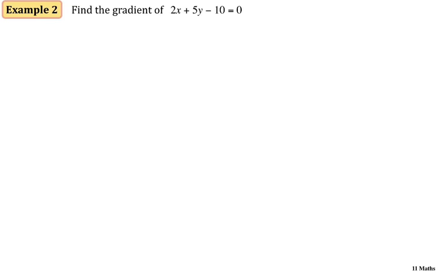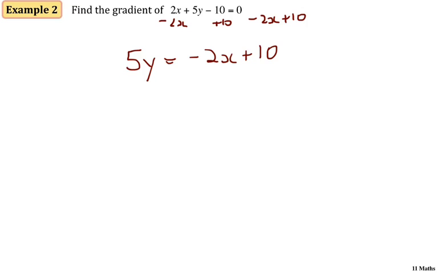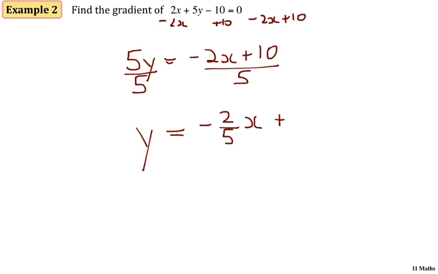So let's minus 2x and plus 10 to both sides of our equation, which leaves me with 5y equals minus 2x plus 10, and now we divide everything by 5, which means y equals minus 2 over 5x plus 10 over 5 is 2.